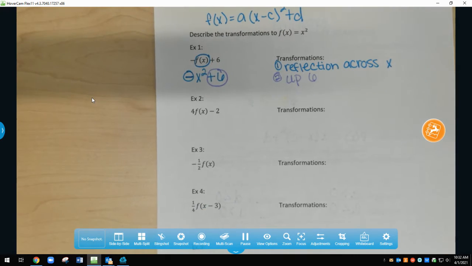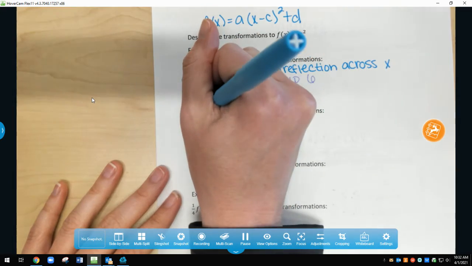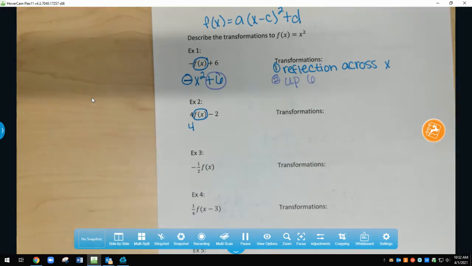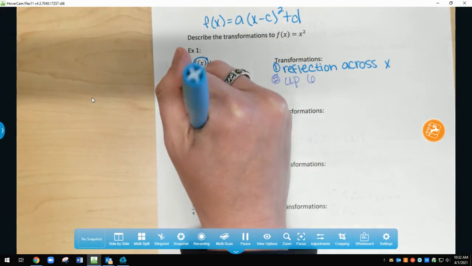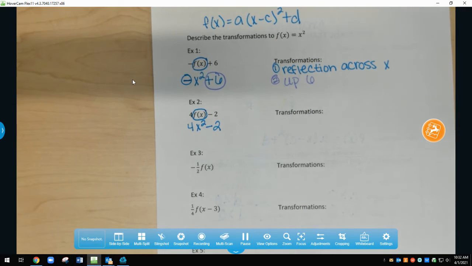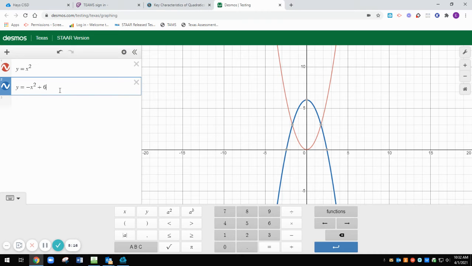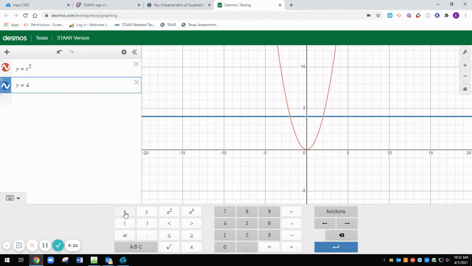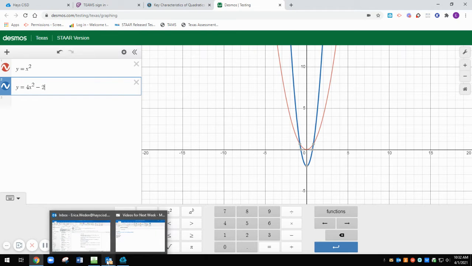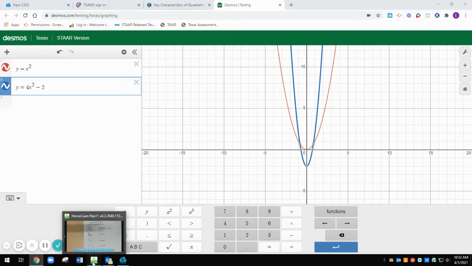Okay, so let's go to example 2. Example 2, same thing. Find f of x, circle it. We're going to replace f of x with x squared so that we can put that into Desmos. So I'm going to go ahead, leave the first line there. So we have 4x squared minus 2. Okay, so the blue graph is skinnier than the red one.